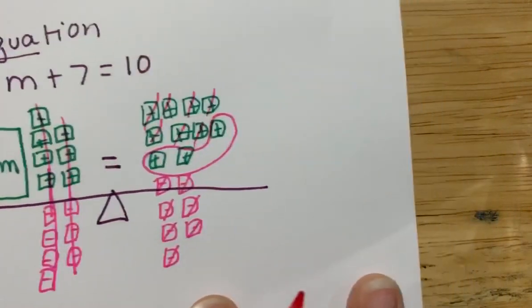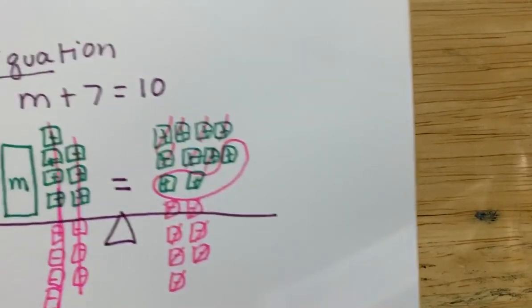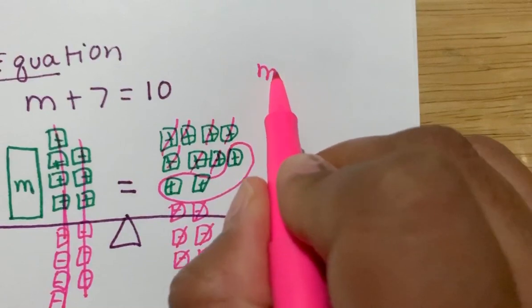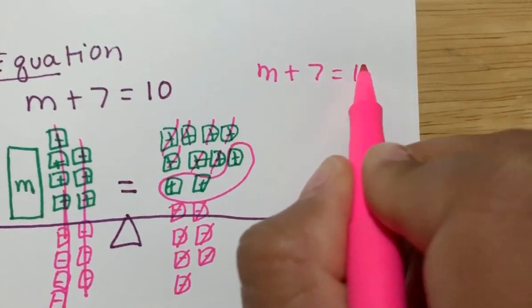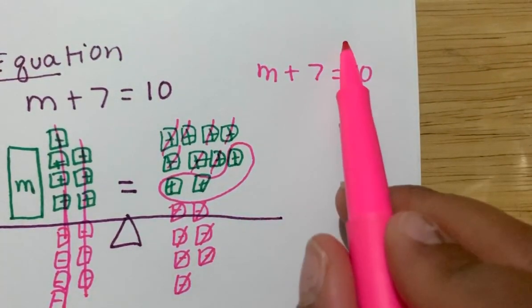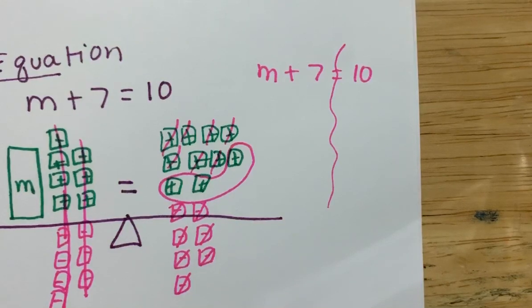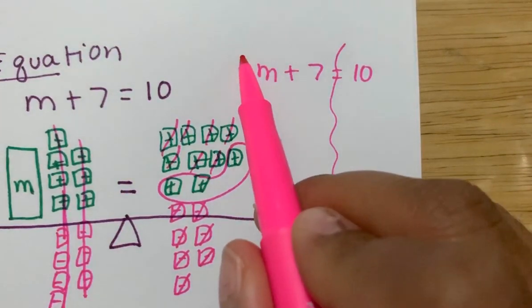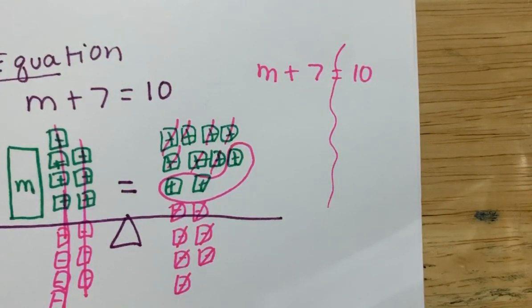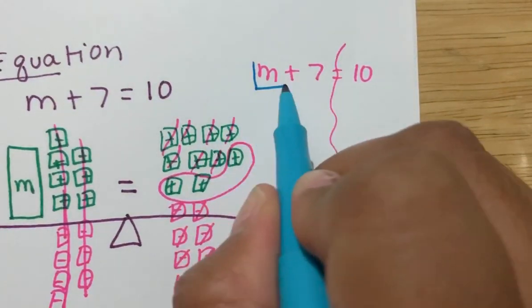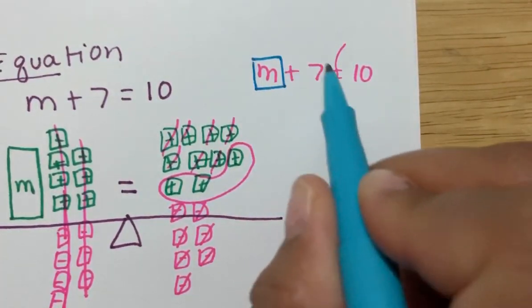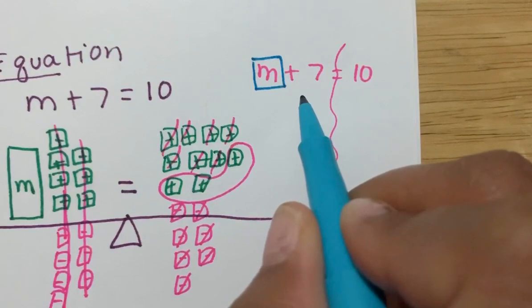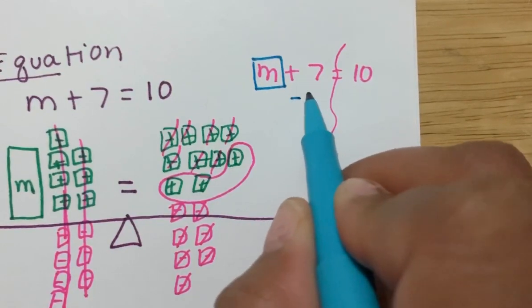So when you're solving the equation mathematically, okay, I usually just like to put a line there to separate my sides. I know that in order to get my m by itself, I need to get rid of plus 7. So I do the inverse operation. So I take away 7.